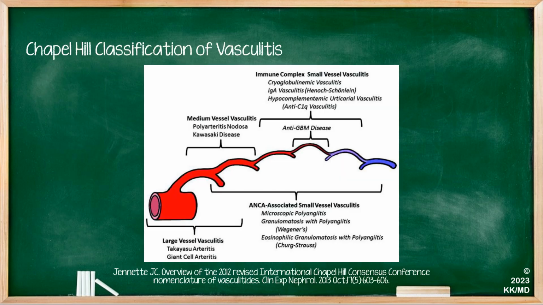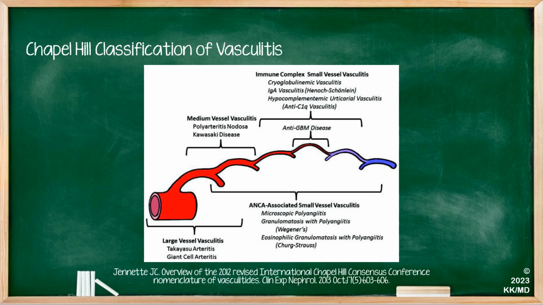This is quite a famous diagram from the Chapel Hill classification of vasculitis. So this sits within the classification criteria paper. The reference is given at the bottom there. And it just gives a nice schematic of where each of the vasculitides sits as per the vessels they mainly affect.